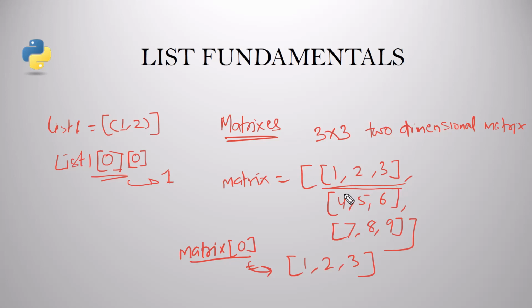If we want the first item, we give matrix[0][0] and we get this first element. Similarly, if you want the first element of the second row, we give matrix[1], which gives us this row, and then index 0 for the first element. So we will get 4.